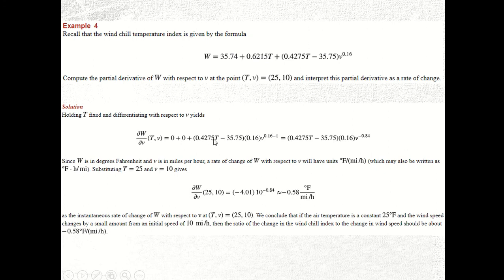Since this is constant, we have 0.4275 T minus 35.75. The whole thing here is constant, but it is multiplied by V to the power 0.16. So we have to apply the derivative of a constant multiple.